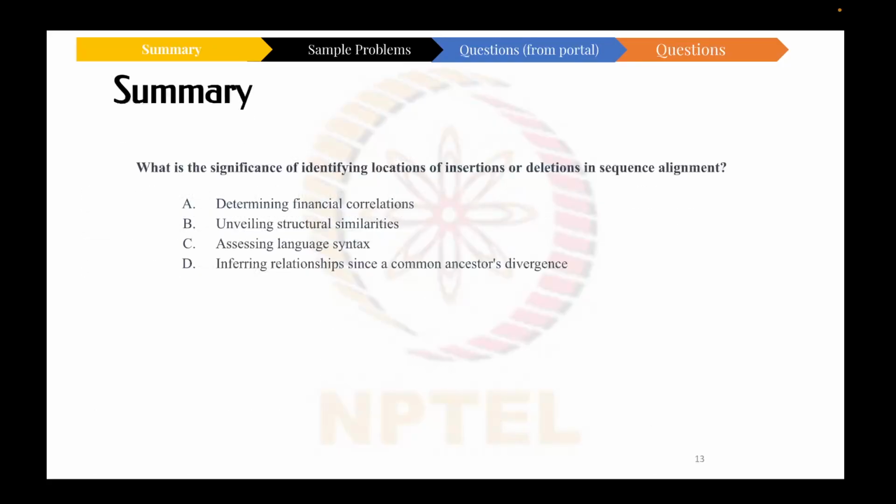Before that, I have a question for you: what is the significance of identifying locations of insertions or deletions in the sequence alignment?